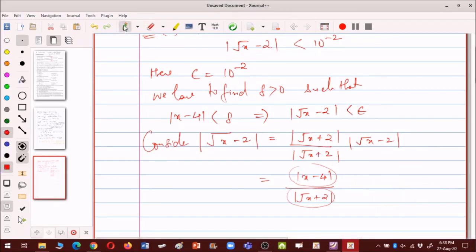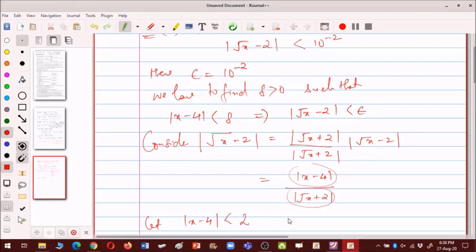So let us take some bound on mod x minus 4, and since x is in the denominator, the bound should be at most half of 4. Since this is positive, we don't have to equate the denominator to 0 to get the bound. We just have to take the bound to be half of 4, so in this case it is 2.